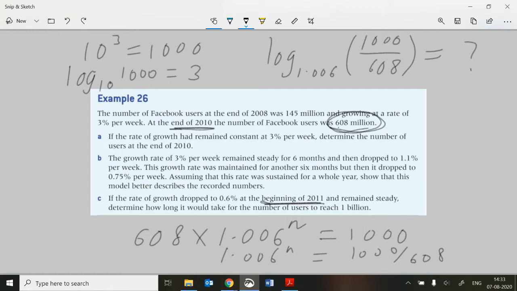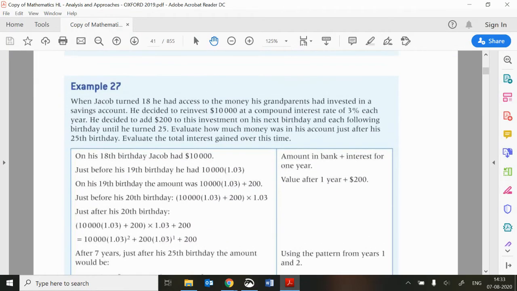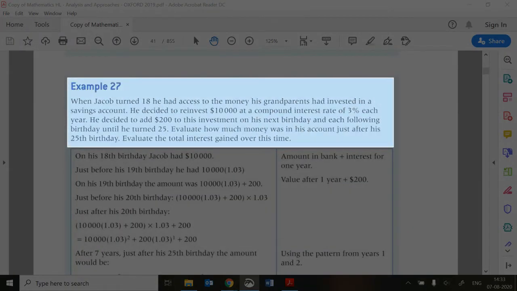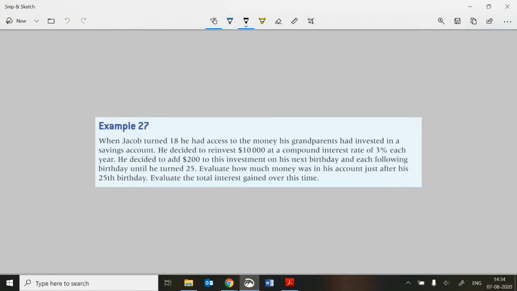Okay, let's look at the next question then. Example 27. Okay, so this could be a geometric sequence question, or it could be an arithmetic sequence question. I don't know, but let's read a little further. It says, when Jacob turned 18, he had access to the money his grandparents had invested in a savings account. Okay, there's not a lot of maths information in that case, just the fact that he's 18 years old and he's at the start of 18 there.